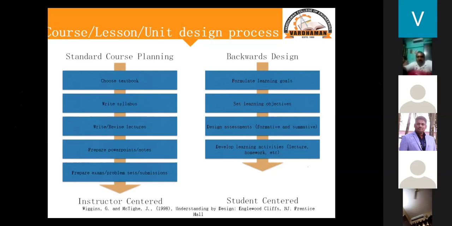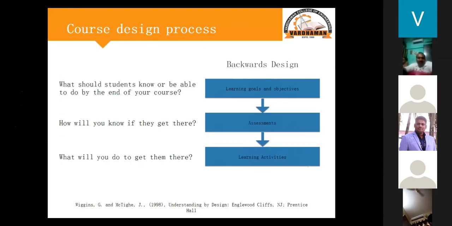So where the assessment has to be designed, where we are going to evaluate the developed learning outcomes of the objectives. So this is where the backward design helps us in designing a pure outcome based curriculum in contrast to our traditional course planning.